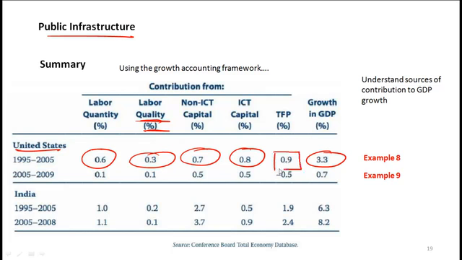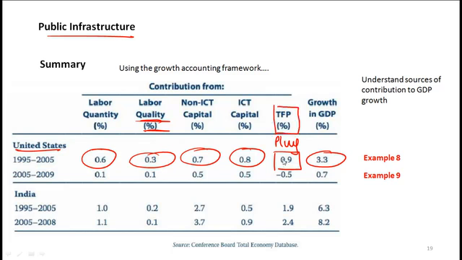Then total factor productivity is really a plug. What I mean by that is we can establish through available data that growth in GDP was 3.3%. All these numbers are also established based on available data. It is impossible or extremely difficult to measure total factor productivity.